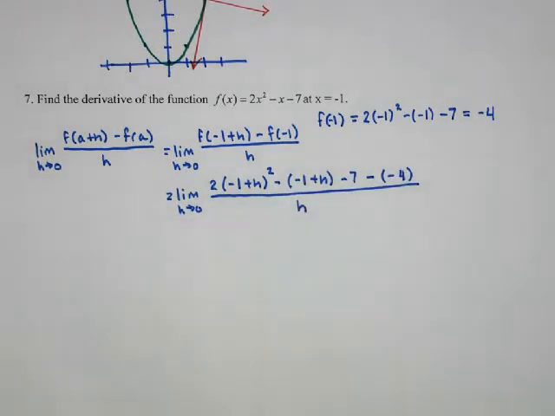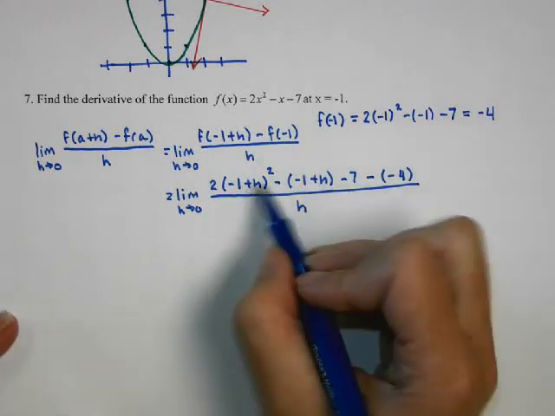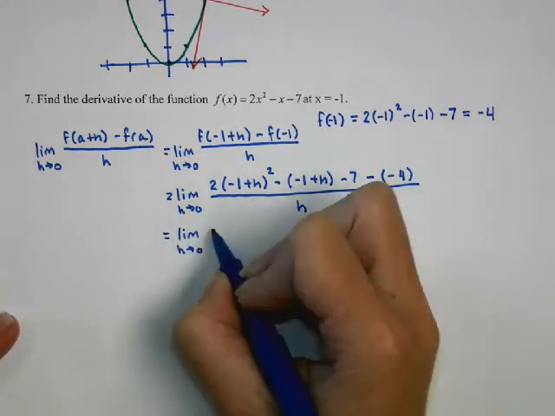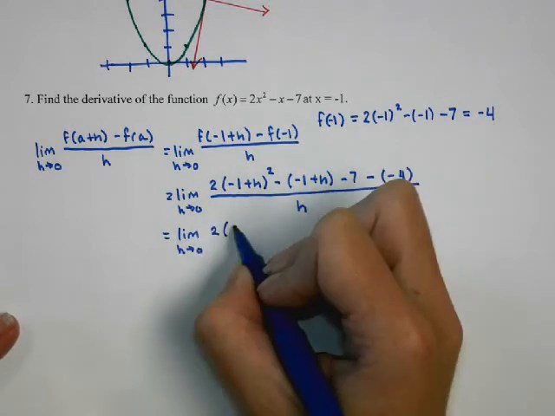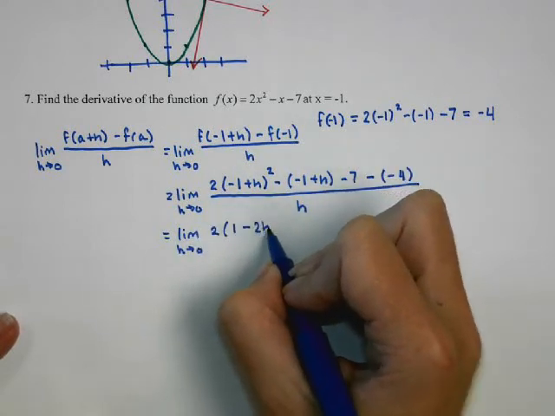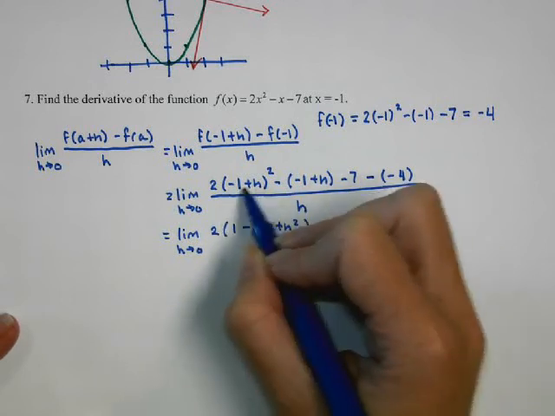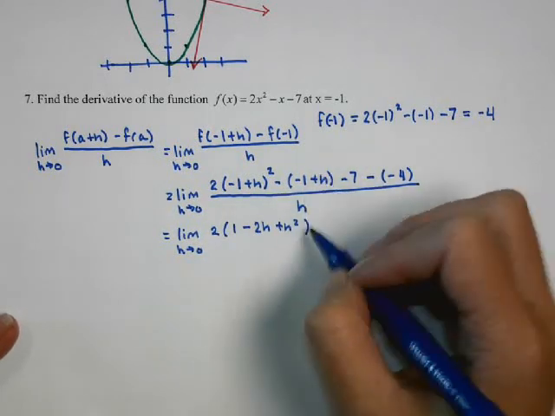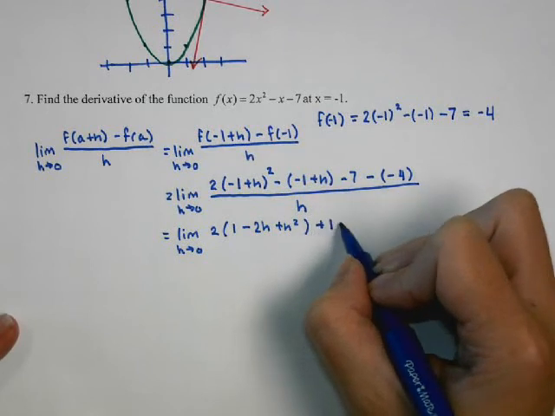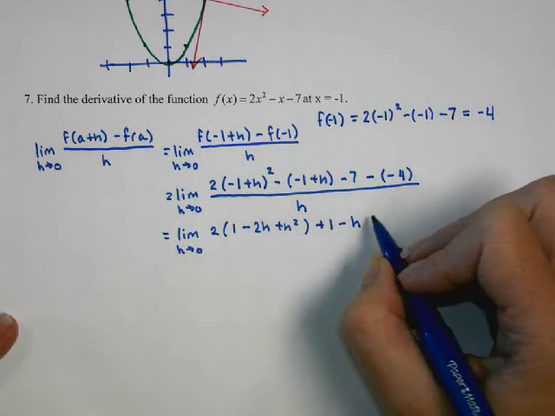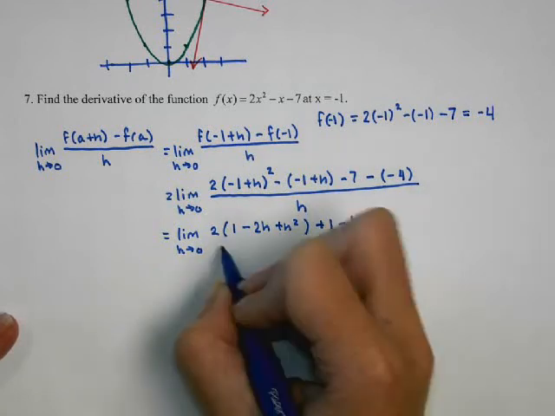Okay, so we've done these. So my next step, I'm going to expand everything out. So I'm going to FOIL this. So we're going to have 2 times 1 minus 2h plus h squared. That's this FOILed. Then I'm going to have plus 1 minus h, and then negative 7 minus a negative 4 gets me a negative 3.